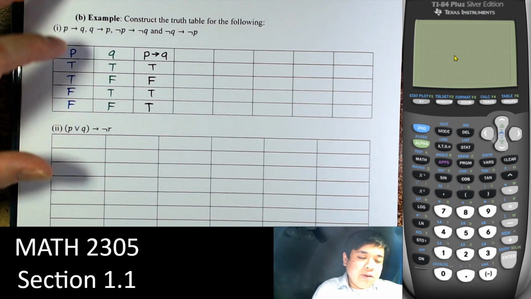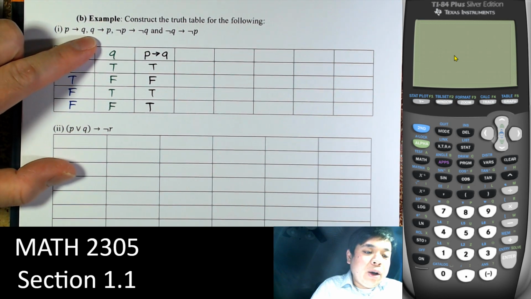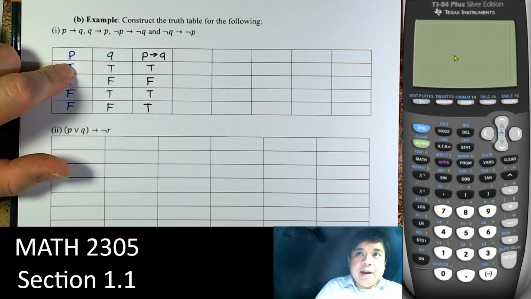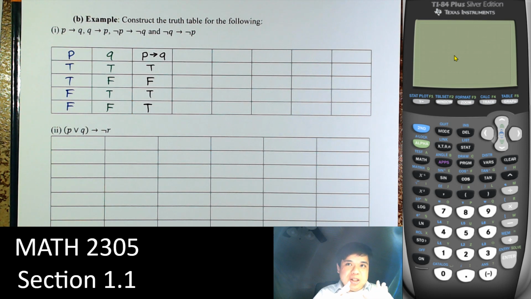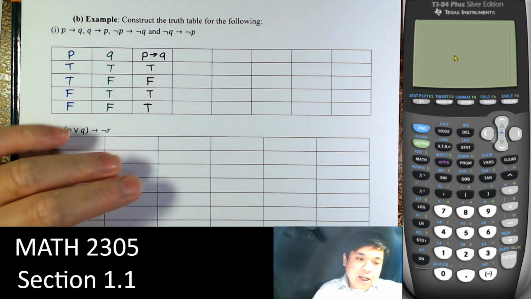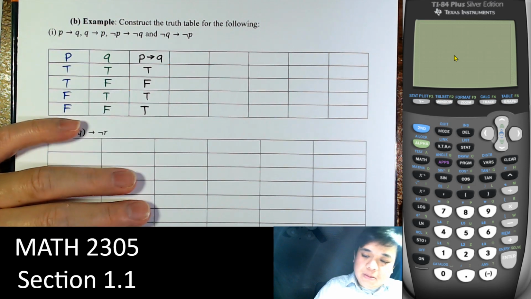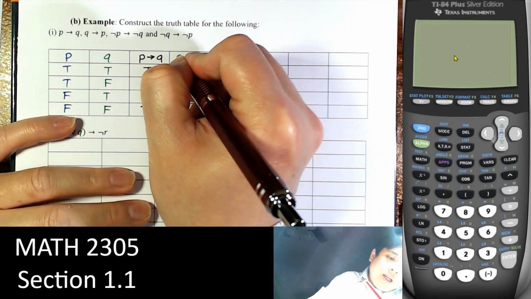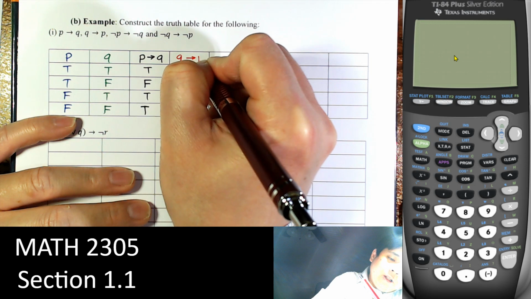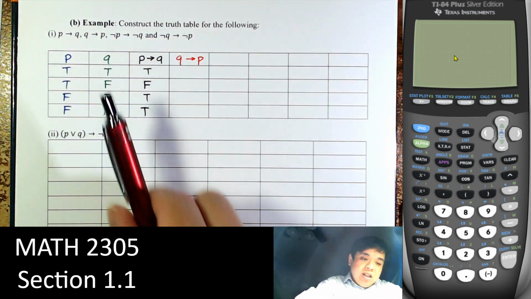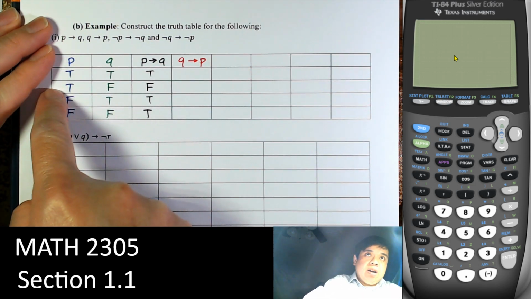Right, so that's the first one. Next, we have Q implies P. Now, the implication is important. The first one implied the second. We cannot interchange them. So in this case we would say P, Q implies P. So we go from this column to that column.